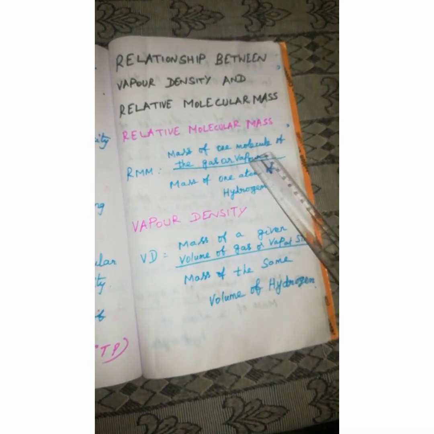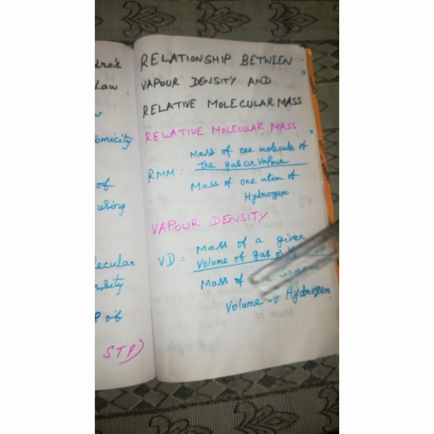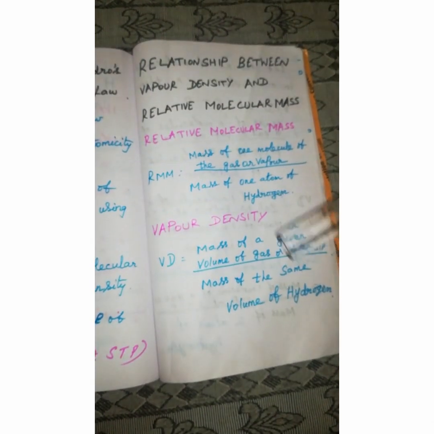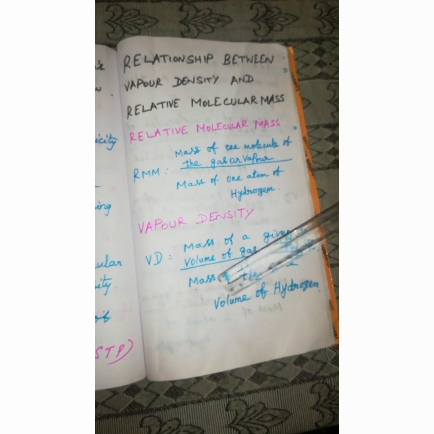So, according to Avogadro's law, volume equals number of molecules. Equal volumes of all gases contain equal number of molecules. So, applying Avogadro's law, mass of n volume of gas, that is n molecule of gas, divided by mass of n molecule of hydrogen. Volume can be written as molecule. So mass of n volume of gas divided by mass of n volume of hydrogen equals mass of n molecule of gas divided by mass of n molecule of hydrogen, n equal to 1.